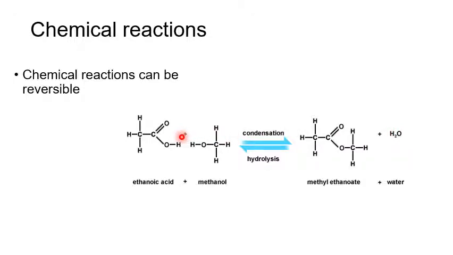There are some factors that affect which way the reaction will take place. We'll discuss that in a bit, but just bear in mind that these chemical reactions can take place in both directions in most cases.